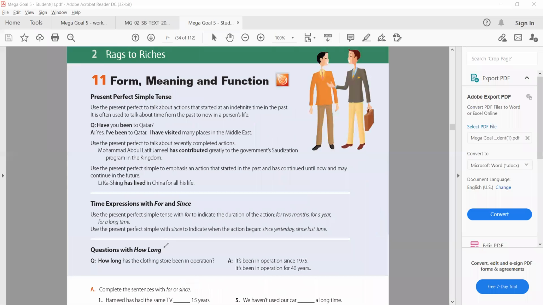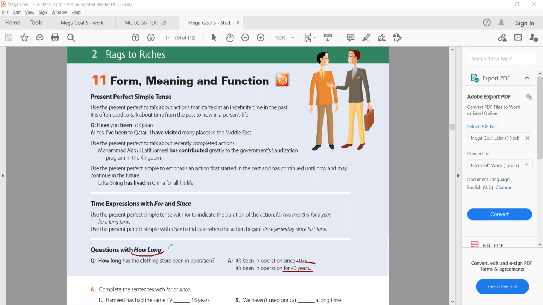Are you the ones, or the other class? Honestly I don't remember. Did we take a rule about how long in the last units? I'm confused between you and the other class. I expect it was them. We took it, right? How long, I use it with, for example, how long has the clothing store been in operation? I use how long when I ask about the duration of time, meaning how much time something took. It's been in operation since 1975 or for 40 years.